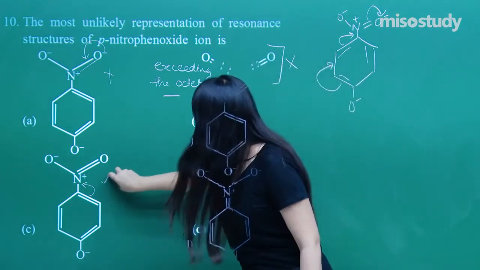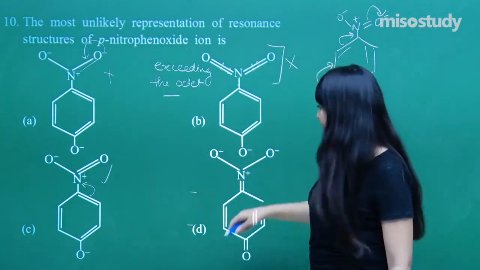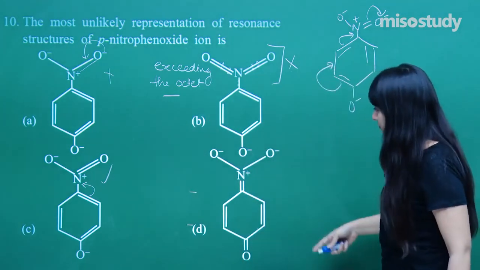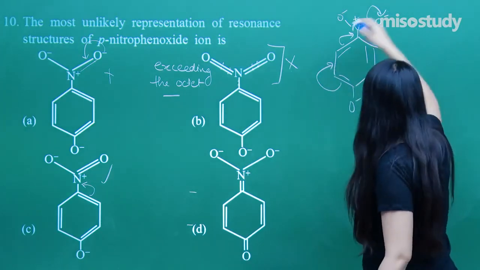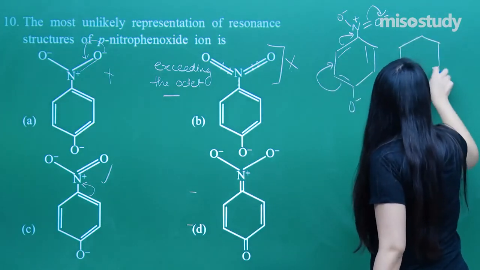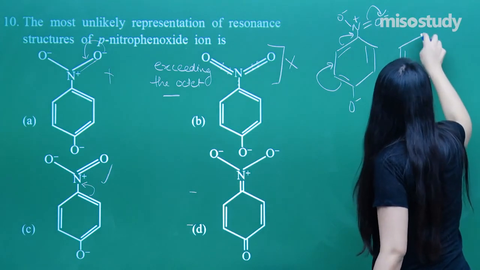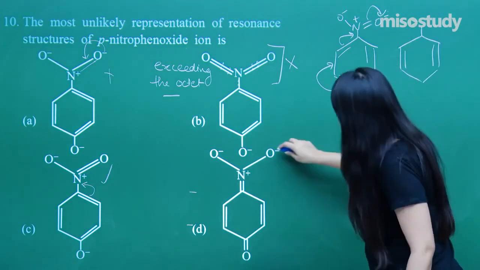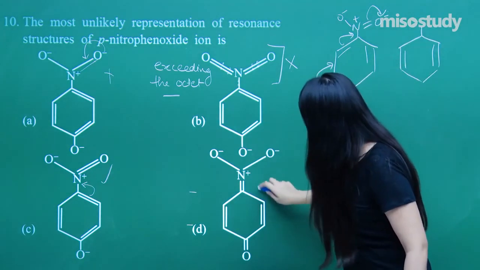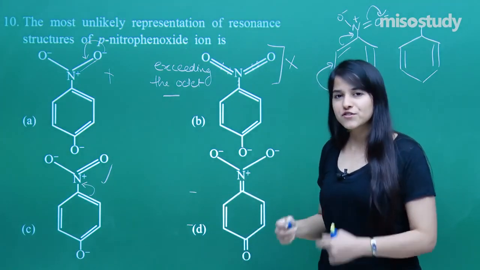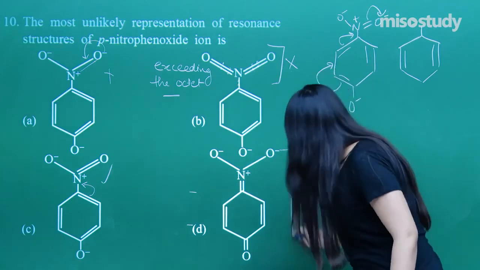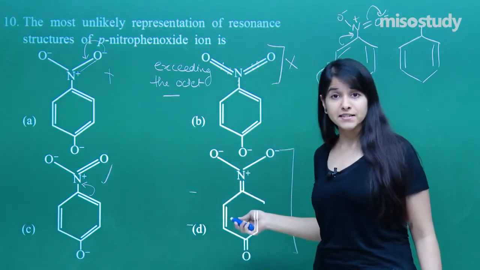So this can be a possible representation. Now what about this? Again, that is a very particular resonance structure. Somewhere in the middle, I would be having such a representation. If there is a double bond over here, this is also a resonance structure. Just try drawing the resonance structures for this and you will get one of the structures as this.